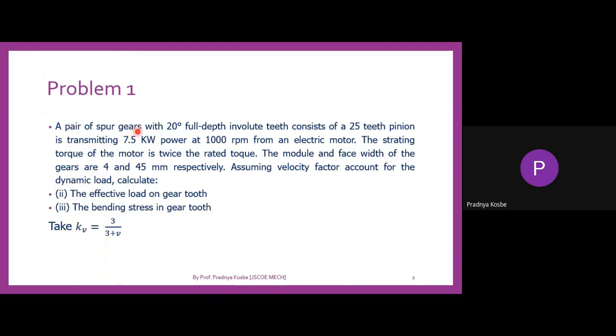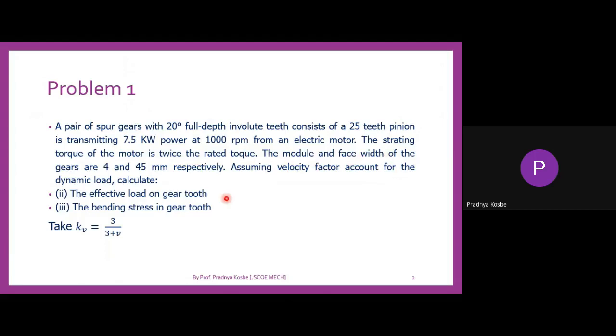A pair of spur gears with 20-degree full depth involute teeth consist of a 25 teeth pinion transmitting 7.5 kilowatt power at 1000 rpm from an electric motor. The starting torque of the motor is twice the rated torque.